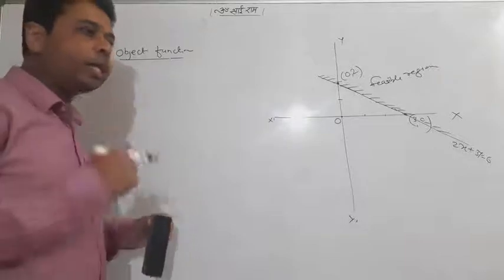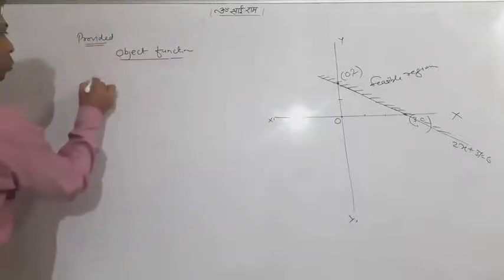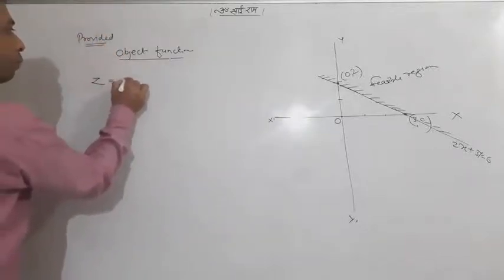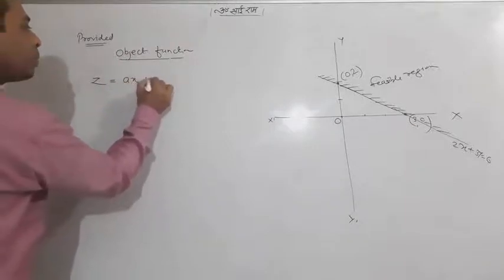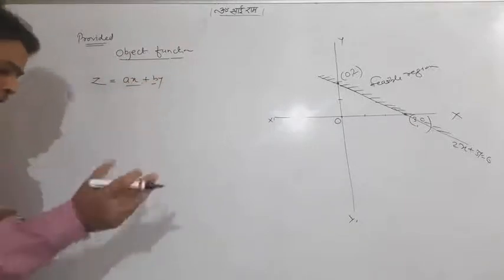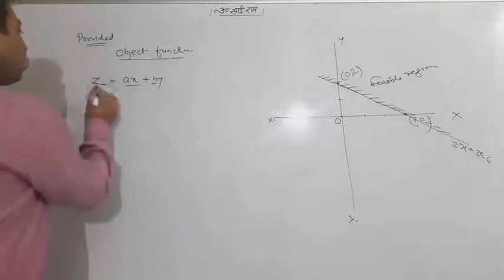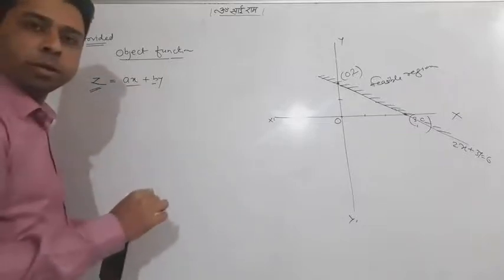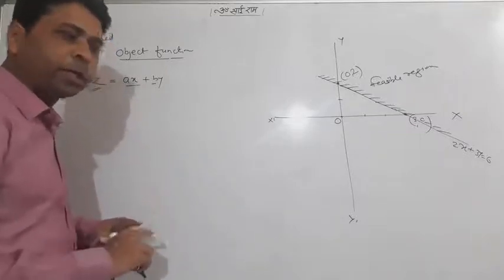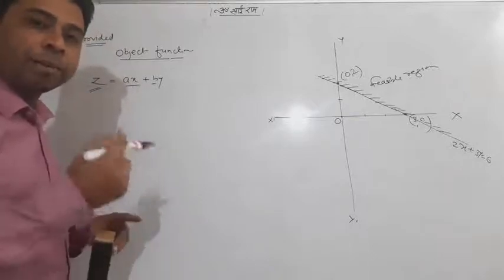You know that. I tell you once again: the objective function is usually given by z, which is just like ax plus by, where a and b are constants, and we have to find that z may attain two values, either maximum or minimum.